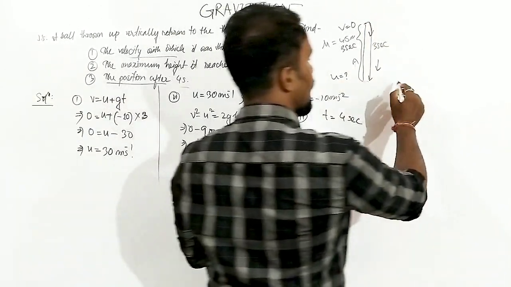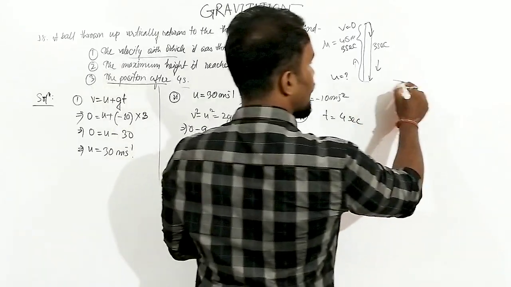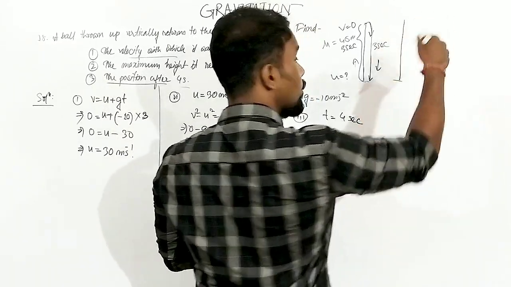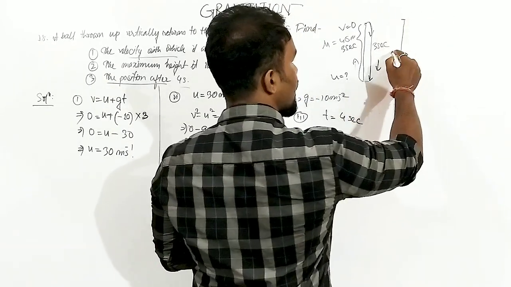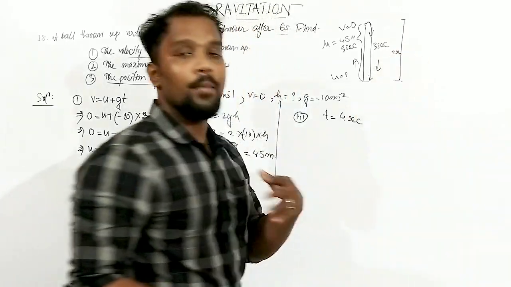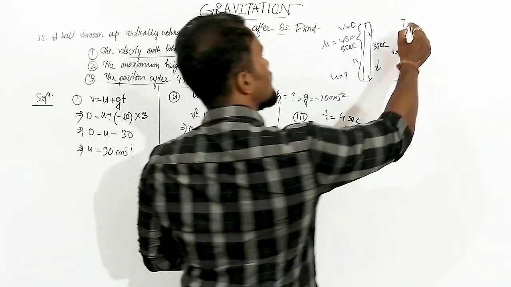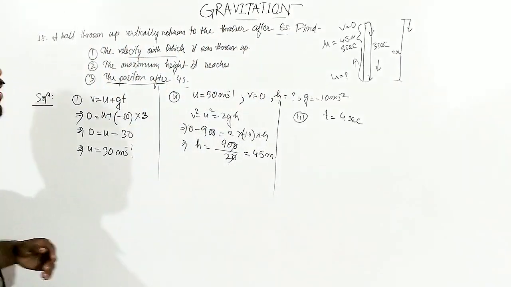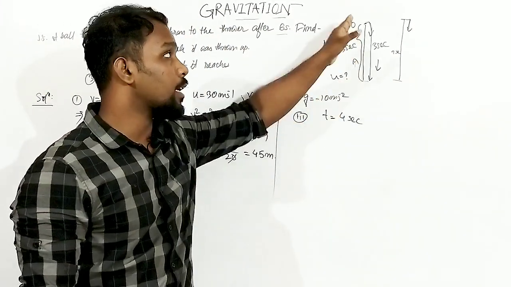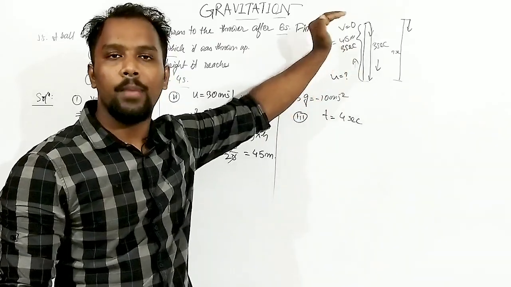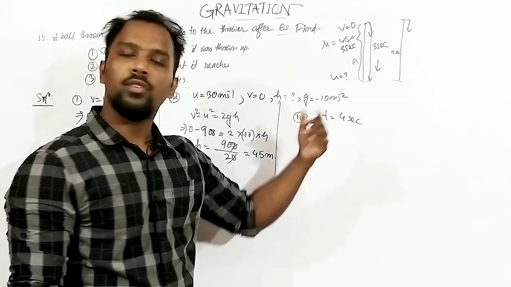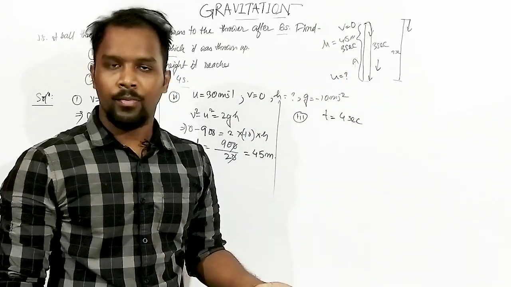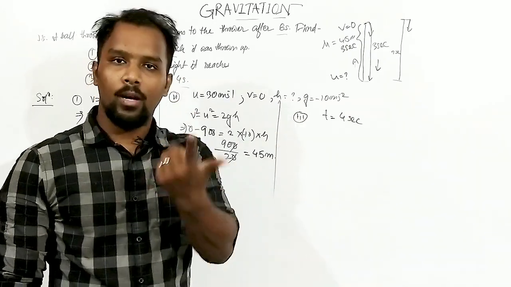Understand now? Because we first considered that it took 3 seconds to attain the maximum height, of that 4 seconds, 3 seconds are used in the same way. So we are going to use only 1 second.